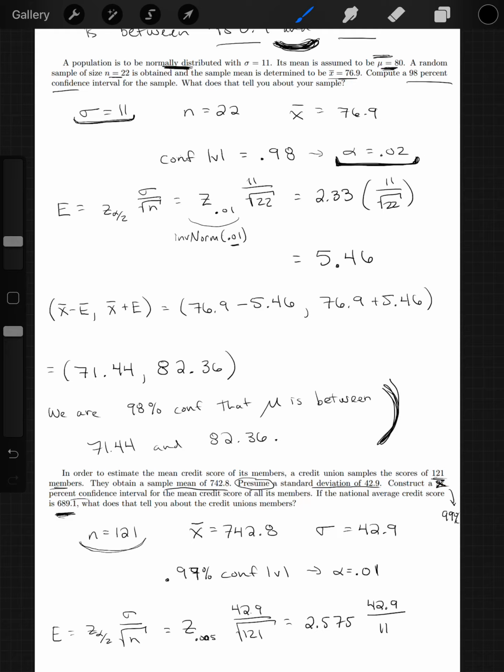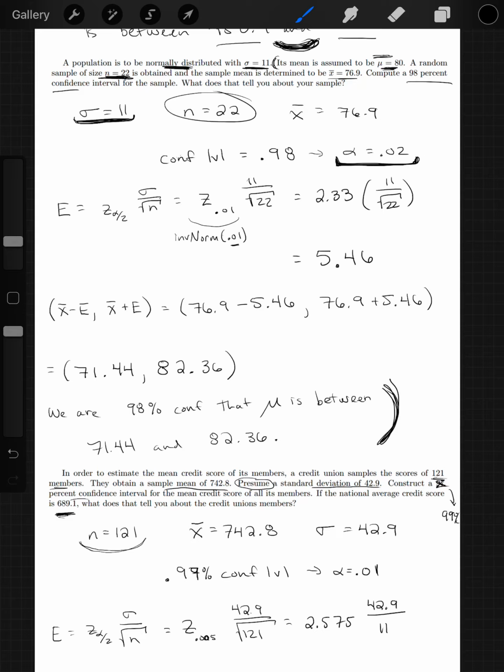In this case, we figure out that our sample size is 22, right? It just straight up tells it to us. So it's good that the population is normally distributed, otherwise this wouldn't be a problem in this section, right? It flat out tells us that sigma is 11, so we can just put that down.